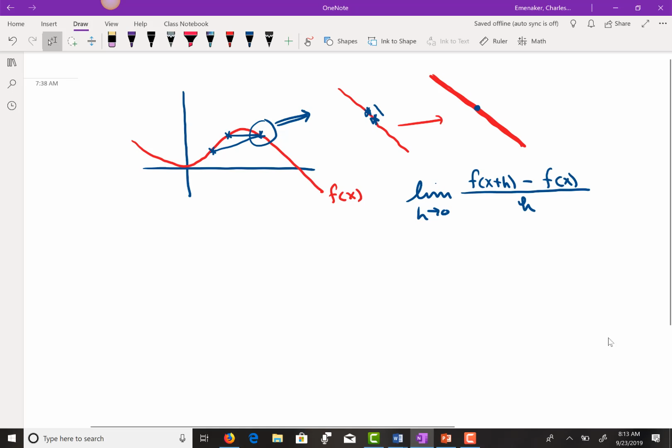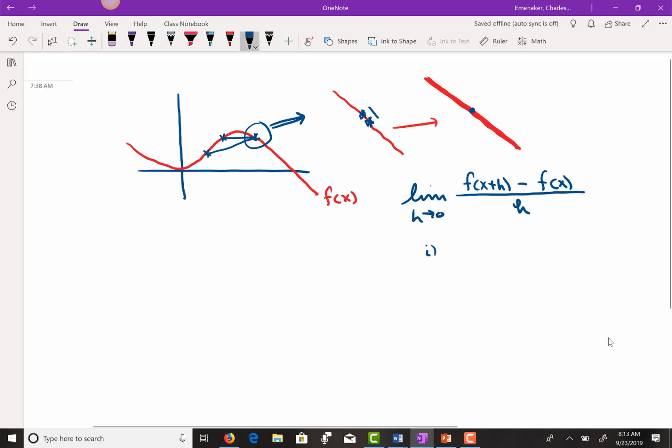Very important when you are doing a limit, we have to reach way back to chapter 1 where we were talking about how limits work. For this limit to be defined, as you're coming in from the left and the right, you have to approach the same point. If this limit exists, that means a couple of things.